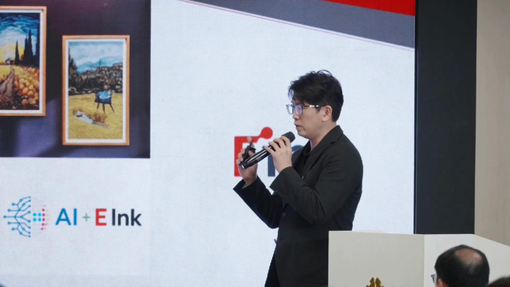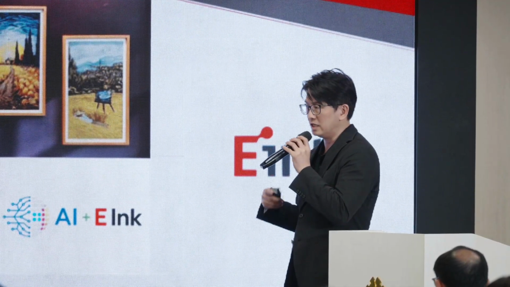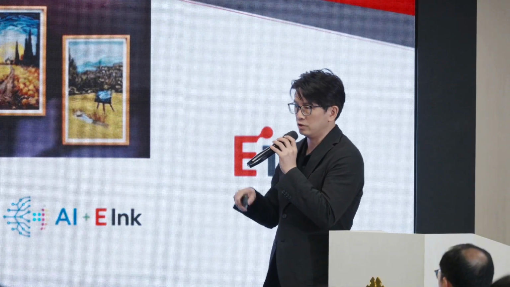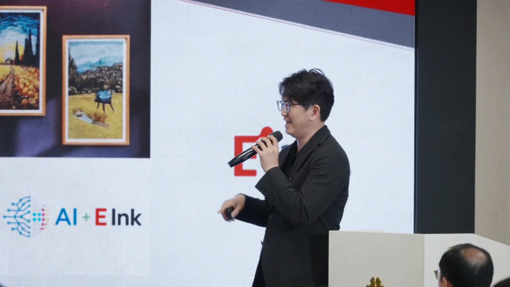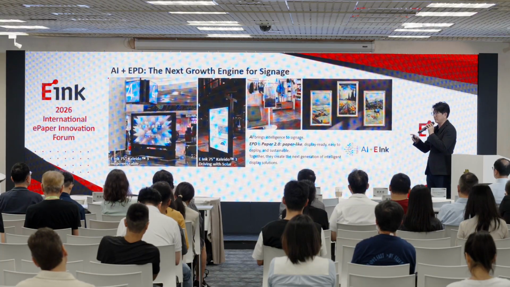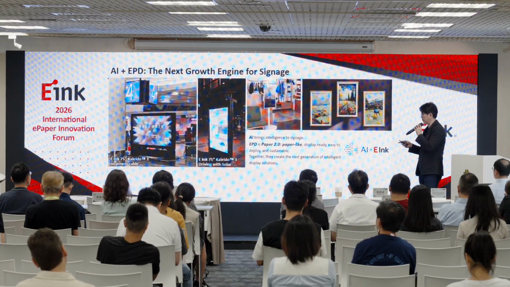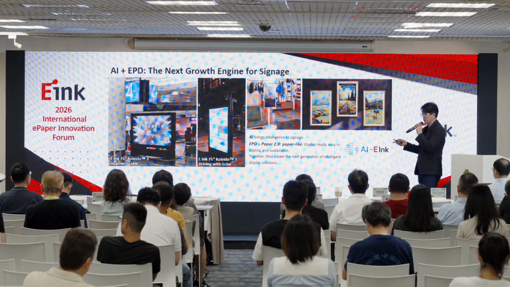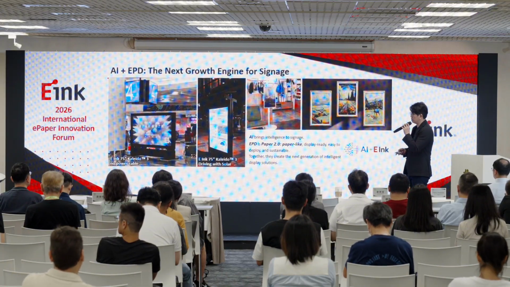I always said the next generation is EPD, and EPD will replace paper. But the third generation will come soon, because using AI combined with EPD, you can make paper smarter. That's what we are looking for in the next generation paper evolution. So that's my presentation today.